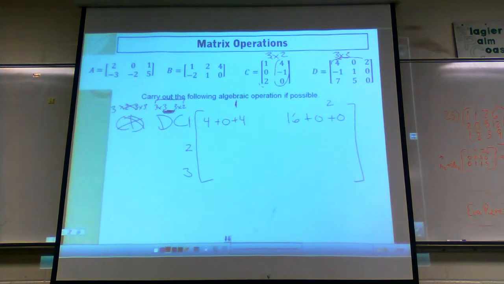Okay, I'm done with that row, so I'm going to move to the second row now. Second row, first column, we have negative 1, 0. Second row, second column would be negative 4, negative 1, 0. And then what's the last one?